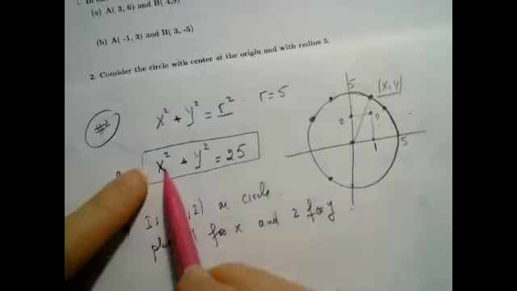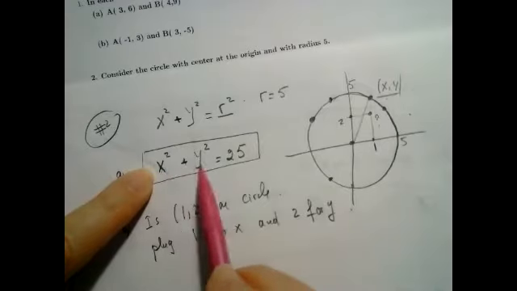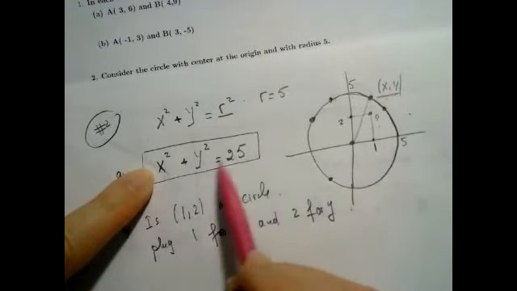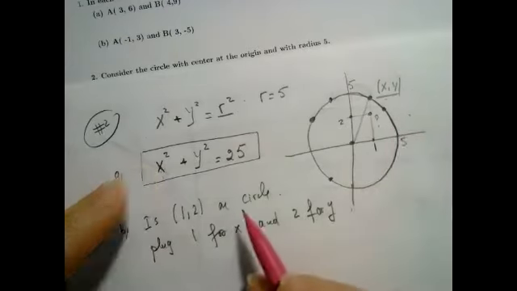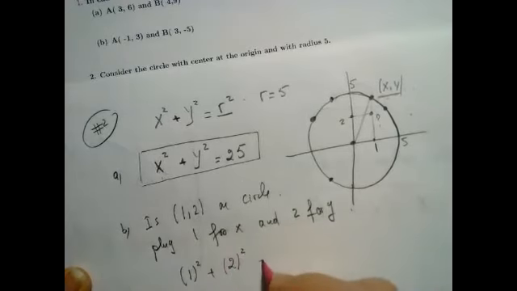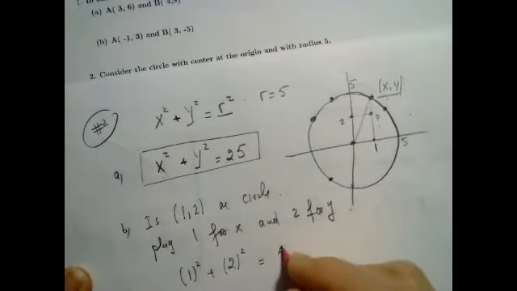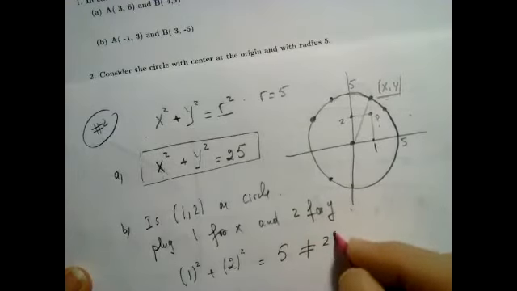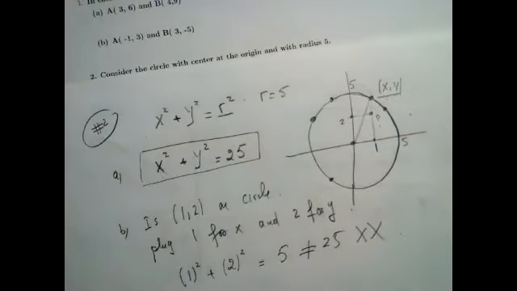It means I plug in 1 here and 2 here, and I ask myself, does this point satisfy the equation? If it does, it means the point is on the circle. So let's do that. I will have 1 squared plus 2 squared. This is going to give me 5, which is definitely different from 25. The point is not on the circle.